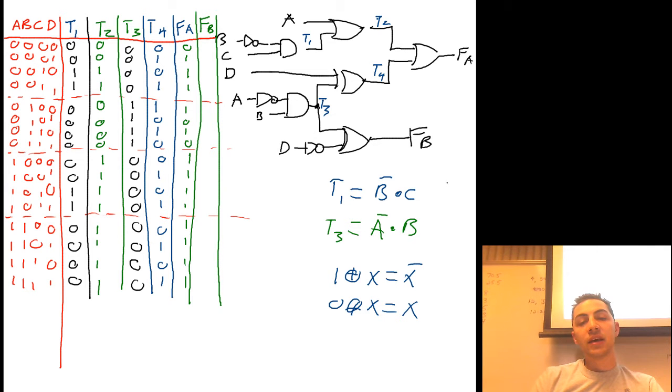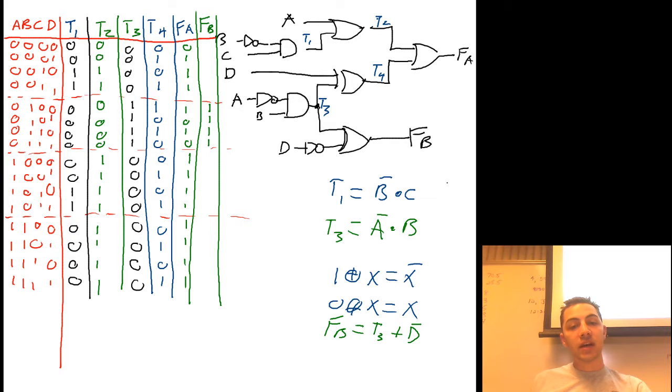FB is T3 ORed with D bar. So any place D is 0, I know I'm going to have a 1. Any place T3 is 1, I know I'm going to have a 1. So let's start by looking at T3.